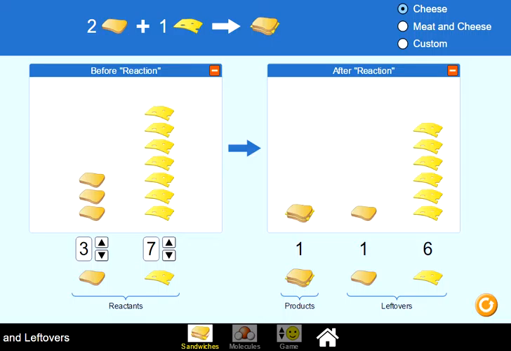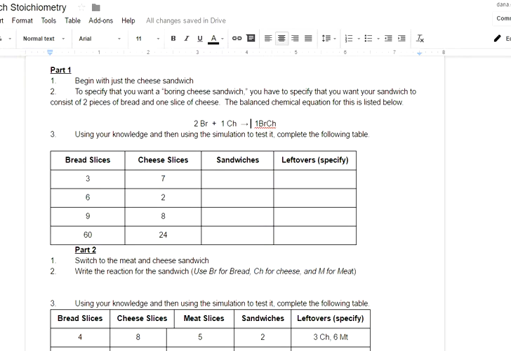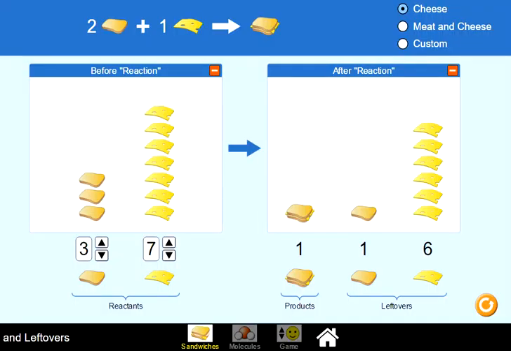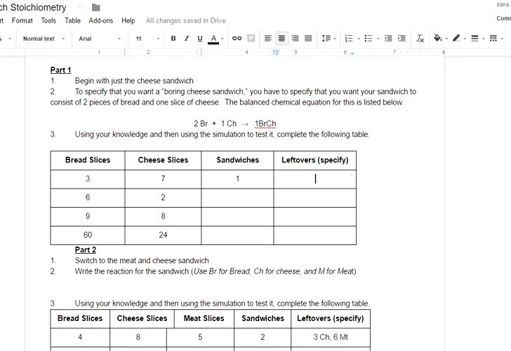I just wrote that as a formula. Well, here is me doing that again, except now I've just entered the data, and it tells me that I have 1 product that forms. So on my sandwich I'd say 1, and for my leftovers I would say 1 slice of bread and 6 cheese. So I'd say 1 BR, comma, 6 CH.